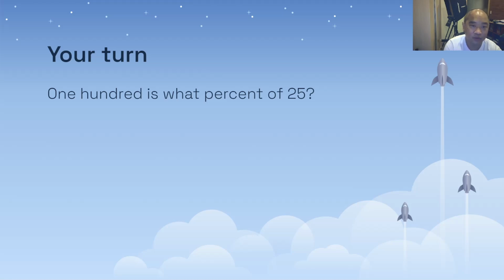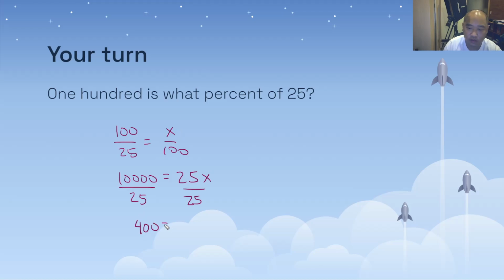And one last one. 100 is what percent of 25? So 10,000 equals 25x. Divide both sides by 25. 10,000 divided by 25 is 400.